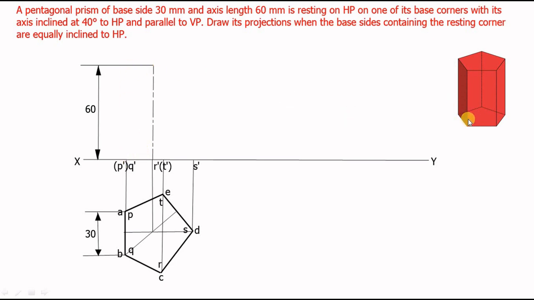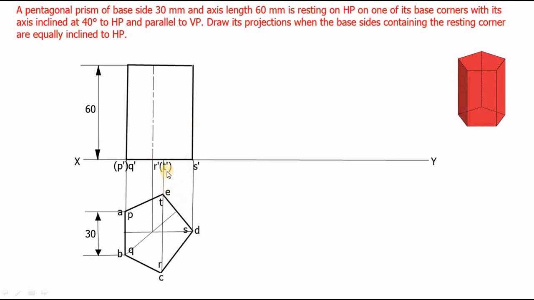Then we can draw the front view. Whenever the prism rests on its base, the front view will be a rectangle. So finish that rectangle from P dash up to S dash. From P dash, draw one line. This can be drawn using a 2H pencil. Finish the front view. You can draw a straight line from S dash and connect those two lines to form the front view.